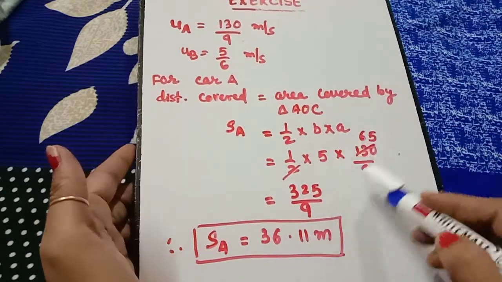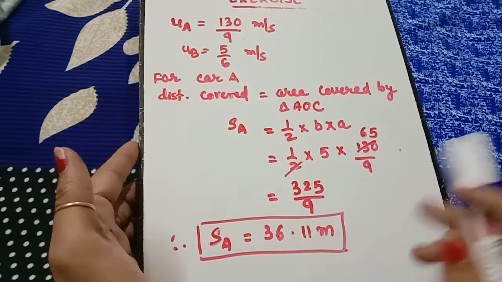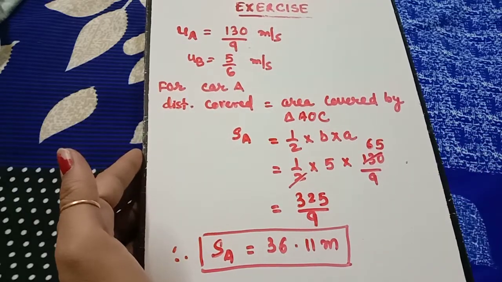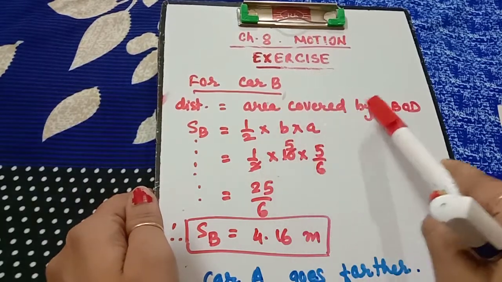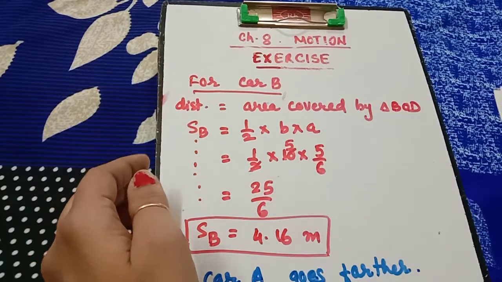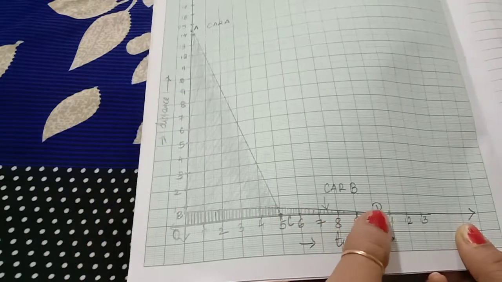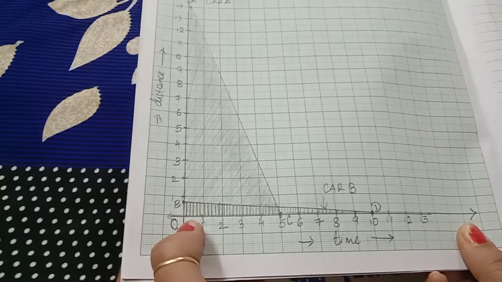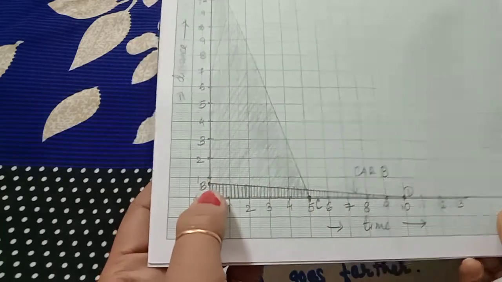After cancellation and calculation, I'll be getting SA is equal to 36.11 meter. Now same way we'll find out for car B. For car B, distance is equal to area covered by triangle BOD, that is this small one. It is half base into altitude. What is base? 10. What is altitude? This, but we will take in fraction.